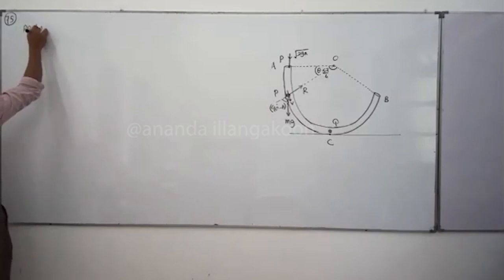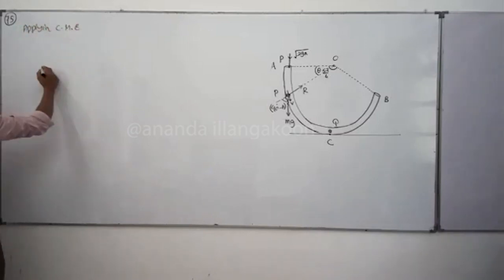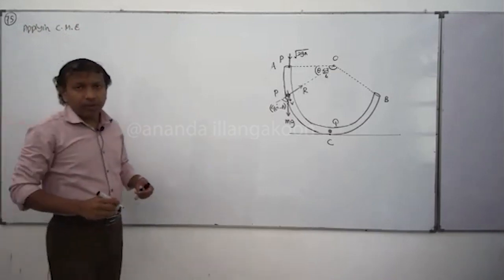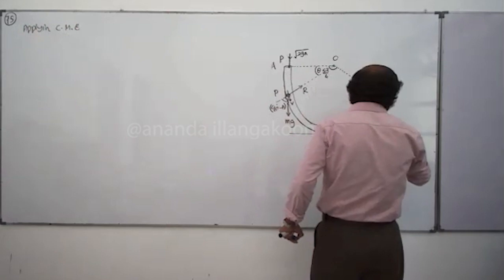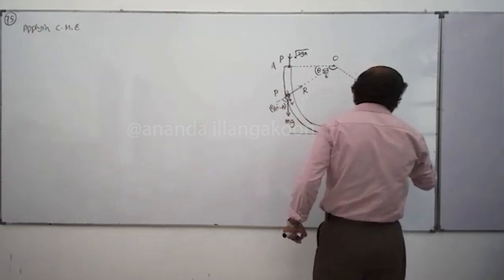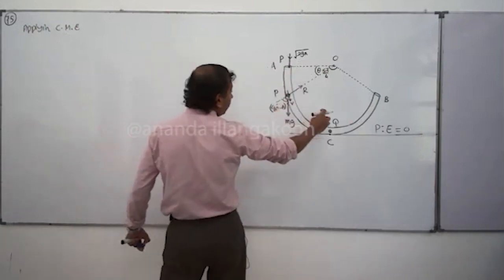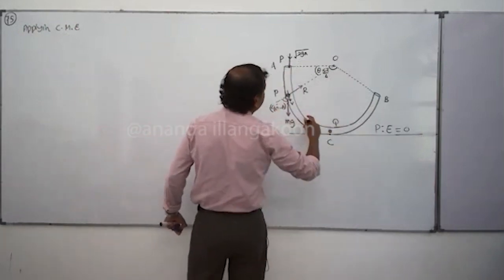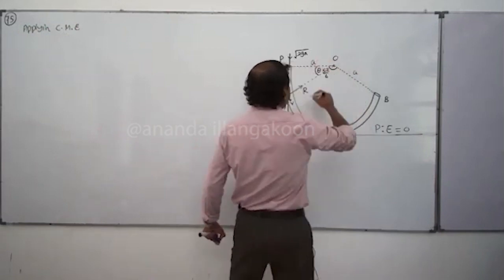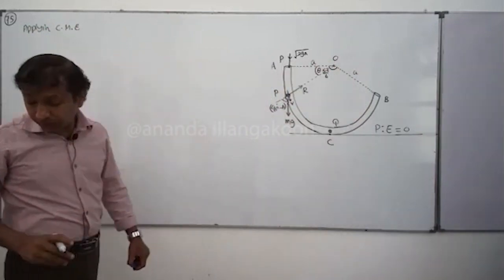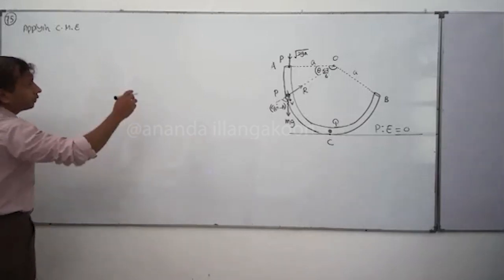There we need a potential energy zero level, so I take this level as the potential energy zero level. The radius is given as a, so the height from this is a.